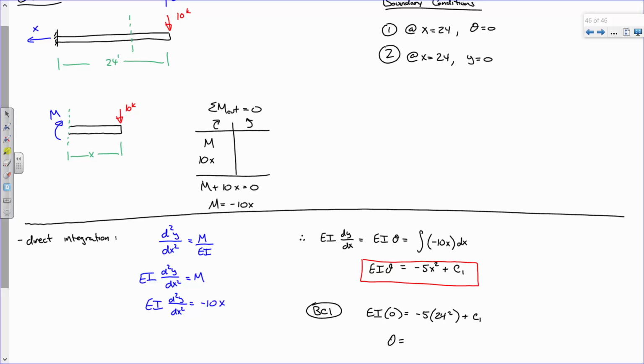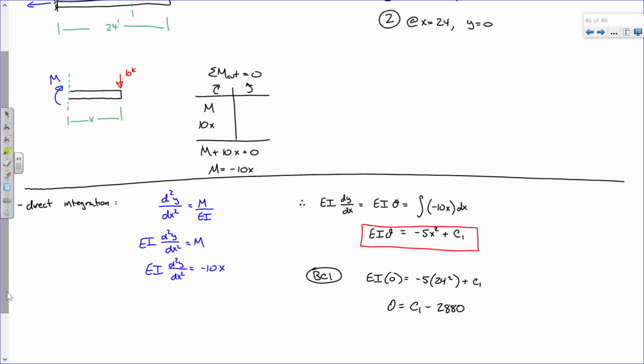So 0 equals C1 minus what? What is 24 squared times 5? 2880, okay.